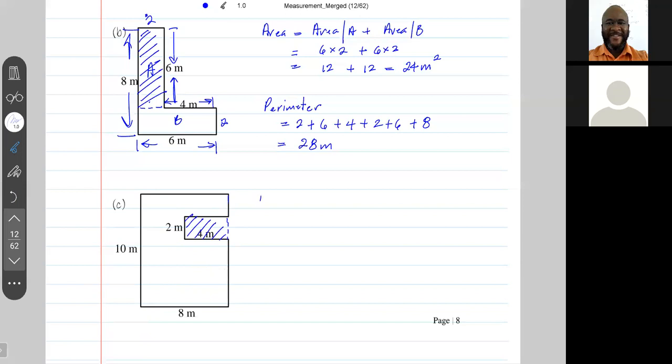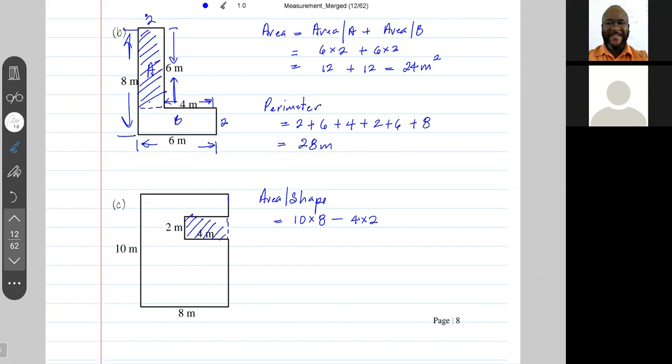So the area of the shape would be equal to 10 multiplied by 8, that's length multiplied by width for the entire rectangle, minus the area of that shaded section, which is 4 by 2.